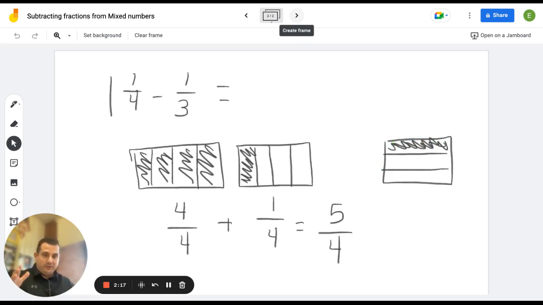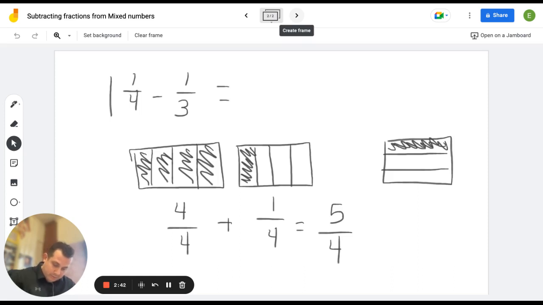What I need to do is I need to merge my 1/3 into my 1 1/4. So if I do that, I'm going to find a common denominator because I have both of my parts there, my whole and the 1/4 was divided into fourths. Now, if I'm going to subtract it by thirds, let me merge them together and see what happens.